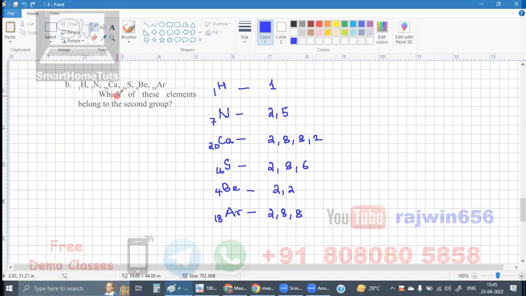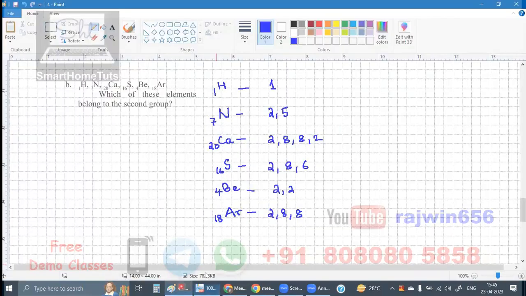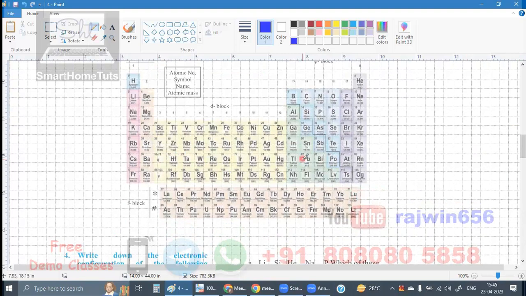Now, 2 electrons are there. It will be a completely filled orbit, a duplet, only if it is in the first period. Here there are 2 orbits, so it is in the second period. Look into the periodic table. This is the periodic table.